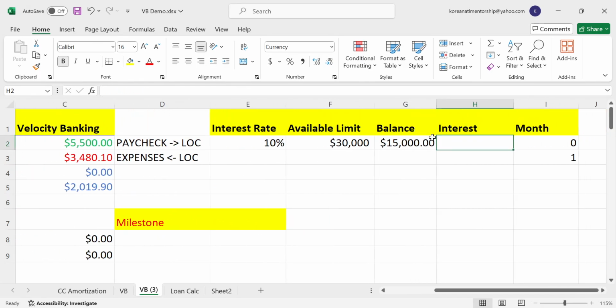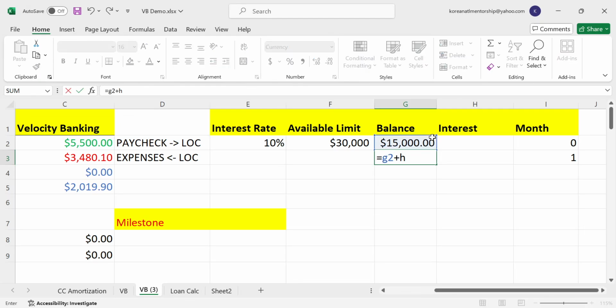So let's go ahead and do this right here. We're going to calculate the next month's balance as the previous month's balance minus the cash flow at hand, so 2019.9. Now, I know some people are saying, why don't you just use a variable, like G2, H2, for the cash flow? The problem is that if we use an actual variable for that cash flow, like C5, and this cash flow updates, it's going to update in the previous entries, and we don't want that.